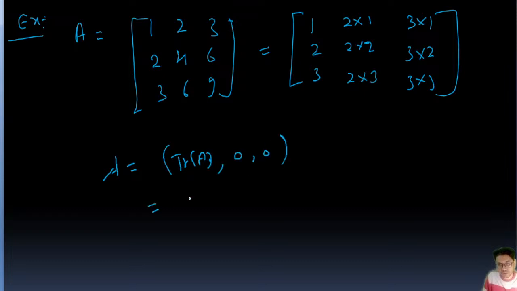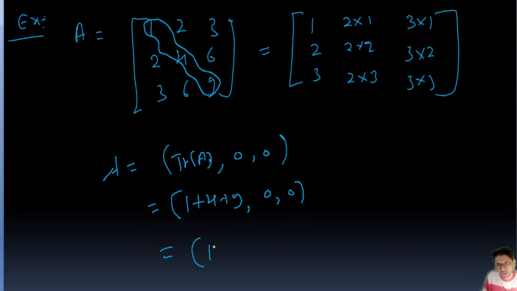So this is going to be 1 plus 4 plus 9, the sum of diagonal elements, 0, 0, right? So this is going to be 14, 0, 0.